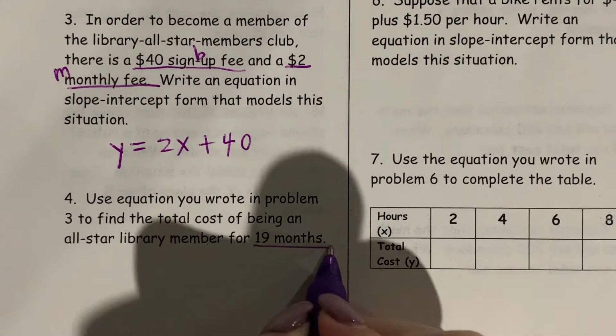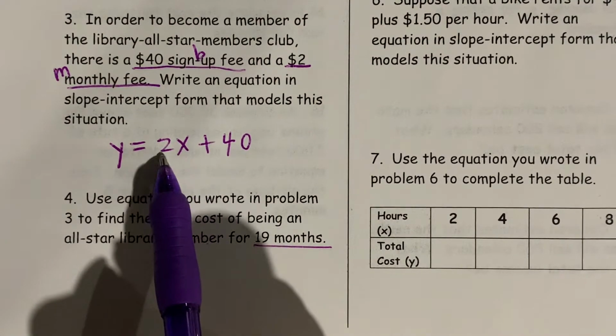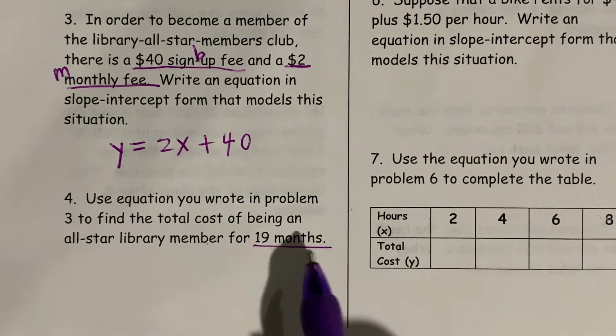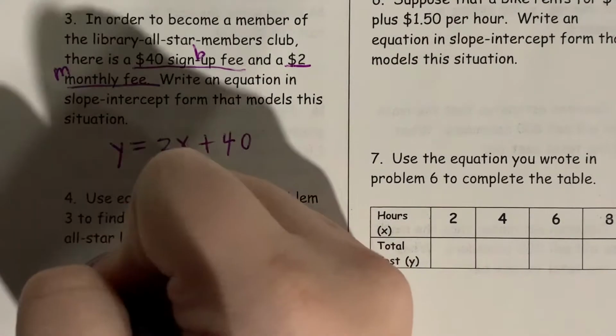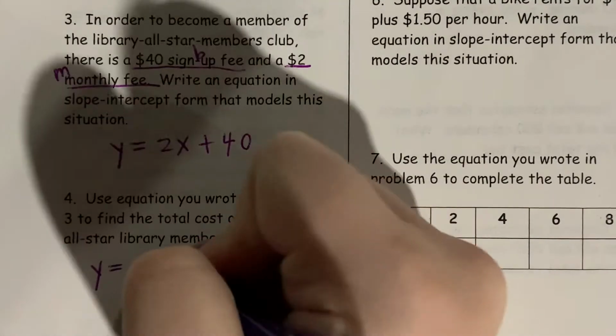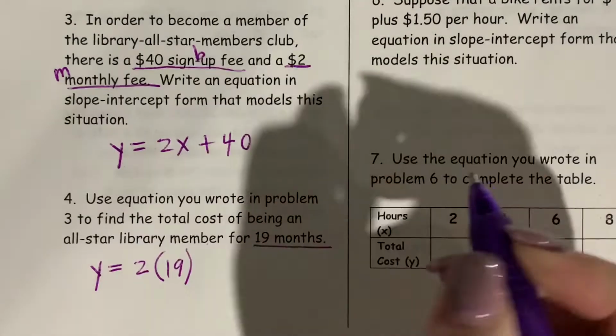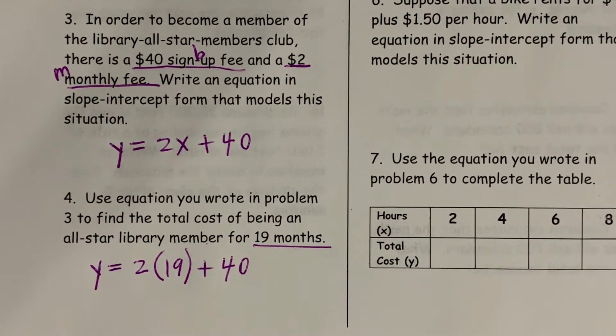So this 19 months is going to go in place of x because it's $2 times the number of months. And now we know there are 19 months that you'll be paying for. So I would have y equals $2 times the 19 months plus 40. There's the equation that I need to solve.